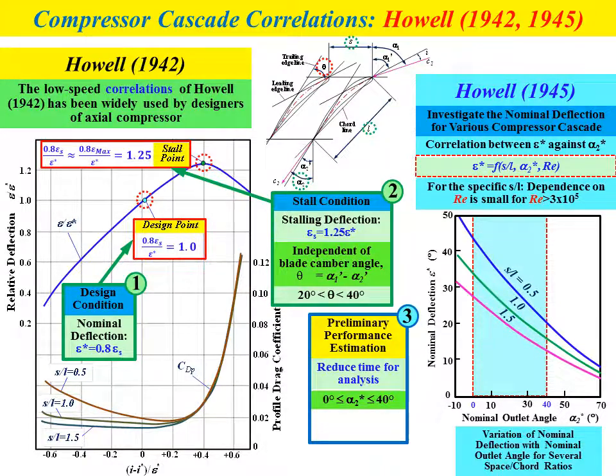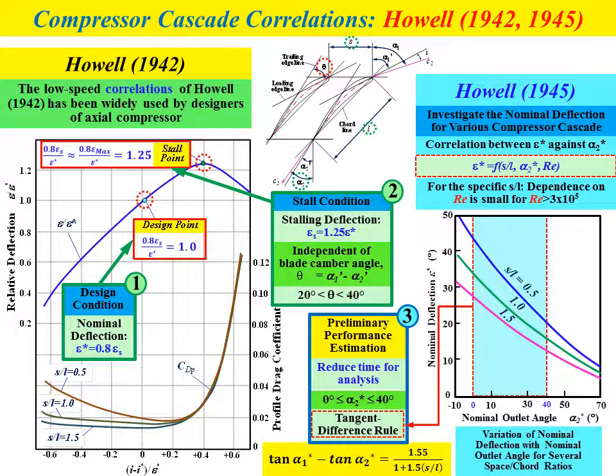So within this region, we can use a correlation that we call the tangent difference rule, represented by this equation, where the equation mentions that tangent alpha 1 star minus tangent alpha 2 star equals 1.55 divided by 1 plus 1.5 multiplied by S over L, where alpha 1 star is the nominal inlet flow angle and alpha 2 star is the nominal outlet flow angle.